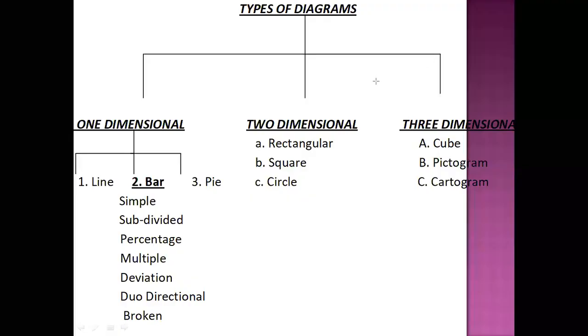So three-dimensional diagrams are diagrams in which three dimensions, length, breadth and height, are taken into account. They are also termed as volume diagrams.